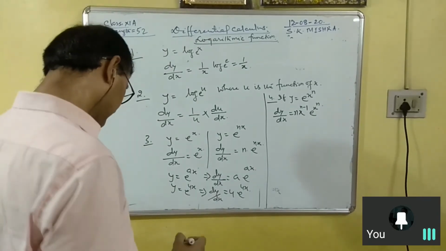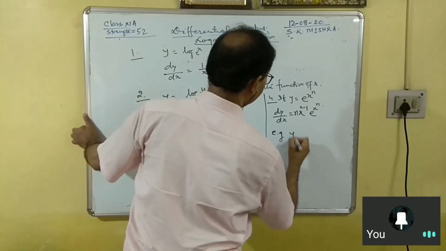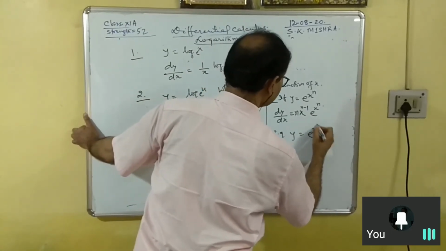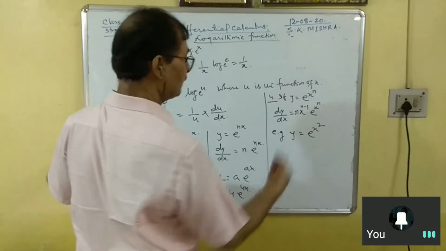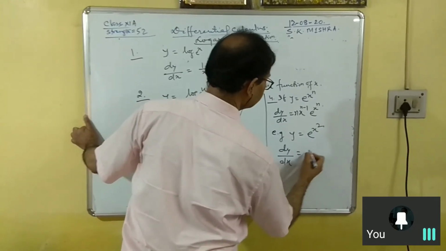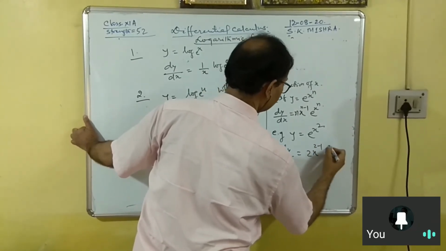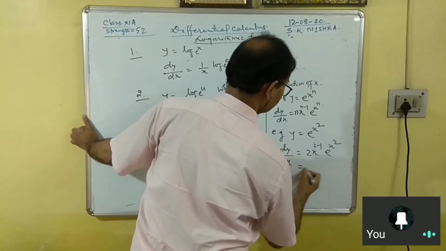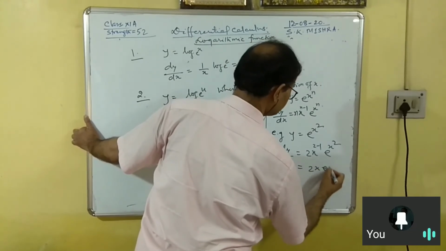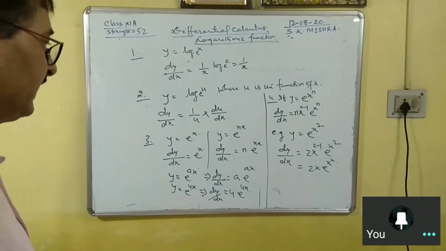For example, if y is equal to e raised to x square, then dy by dx is 2x e raised to x square.